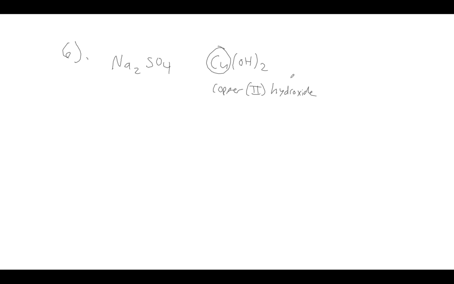The one that's going to throw a lot of people off is the ammonium phosphate, (NH4)3PO4. So the NH4 plus is a polyatomic ion called ammonium, and PO4 3 minus is phosphate.